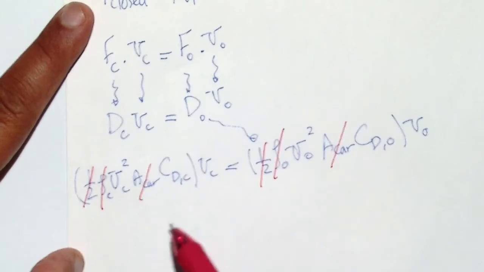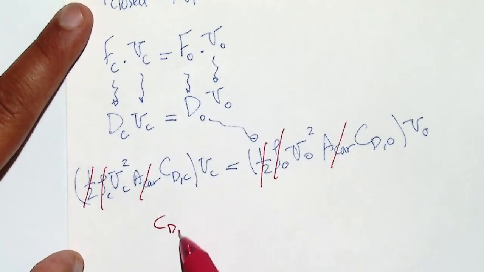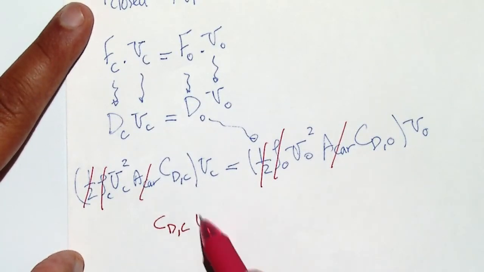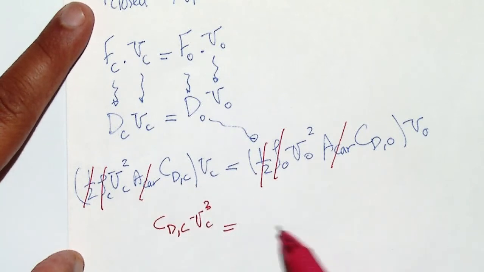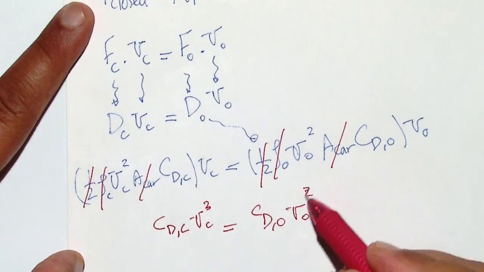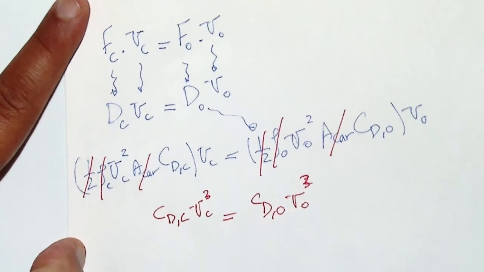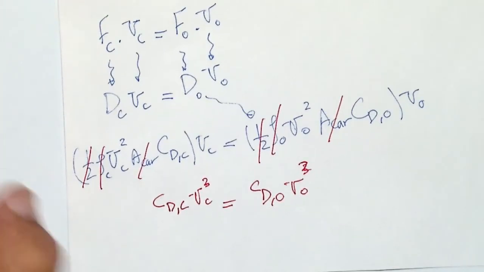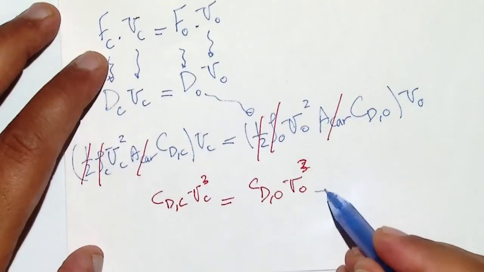What we are left with is CD of the closed one times U closed to the power of 3 equal to CD of the open one times U open to the power of 3. The rest is a simple calculation to find the velocity equation.